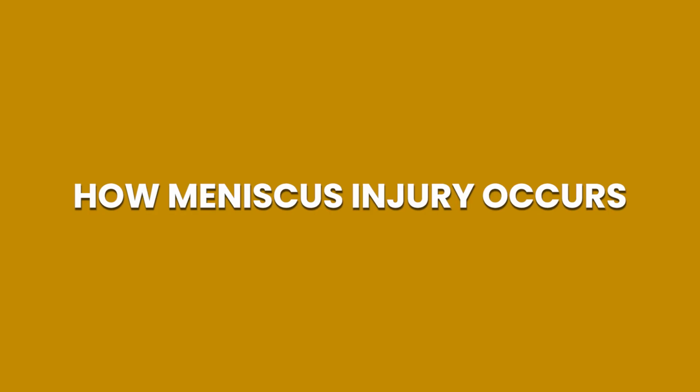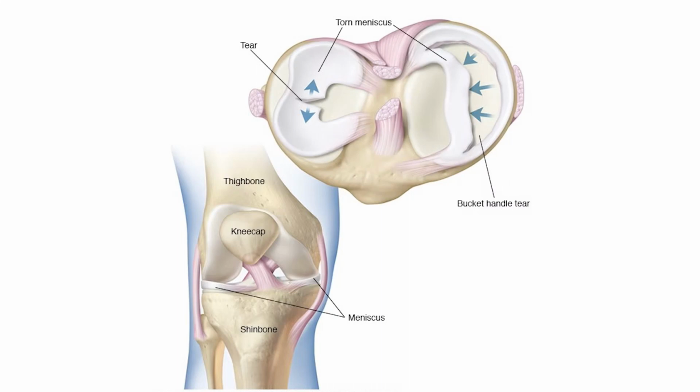So let us understand, how does meniscus get injured? Whenever there is a rotating or a twisting injury over the knee joint, that is, the femur twists over the tibia, when you are running and you make a sudden turn, or you have a sudden fall when your body rotates over your legs, then due to the twisting injury, the C-shaped ligaments, that is the medial meniscus and the lateral meniscus, get injured.